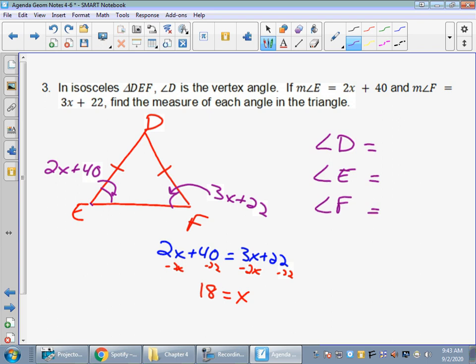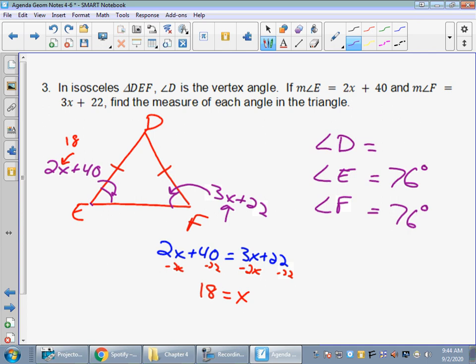So I can plug the 18 in here, and I go 2 times 18 is 36, plus 40 gives me 76 for angle E. And because angle F is the same, they're congruent, I know that angle F is 76 degrees. Although I could plug in the 18 here as well, I don't have to because I know they're congruent.